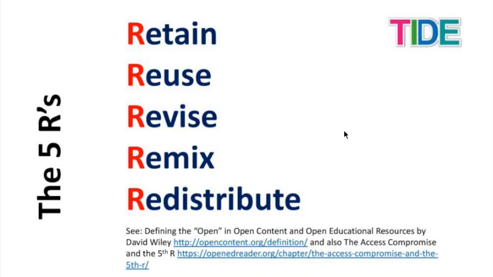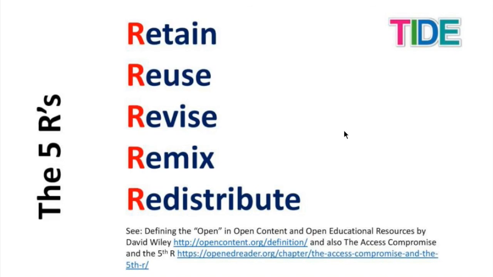Originally it was 4 R's, but then a few years ago, David introduced the idea of also retaining the right to keep a copy of a resource, which is particularly important for resources that are only available for a set period of time. So OER gives you permission to retain a copy of the resource, to reuse it, to revise it, to remix it.